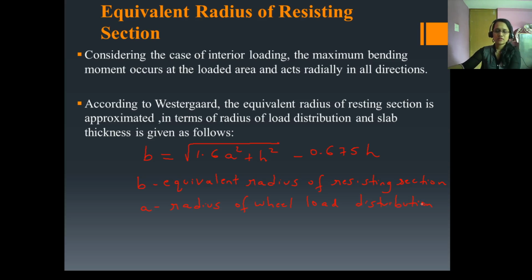So this is the formula to calculate the equivalent radius of resisting section according to Westergaard.